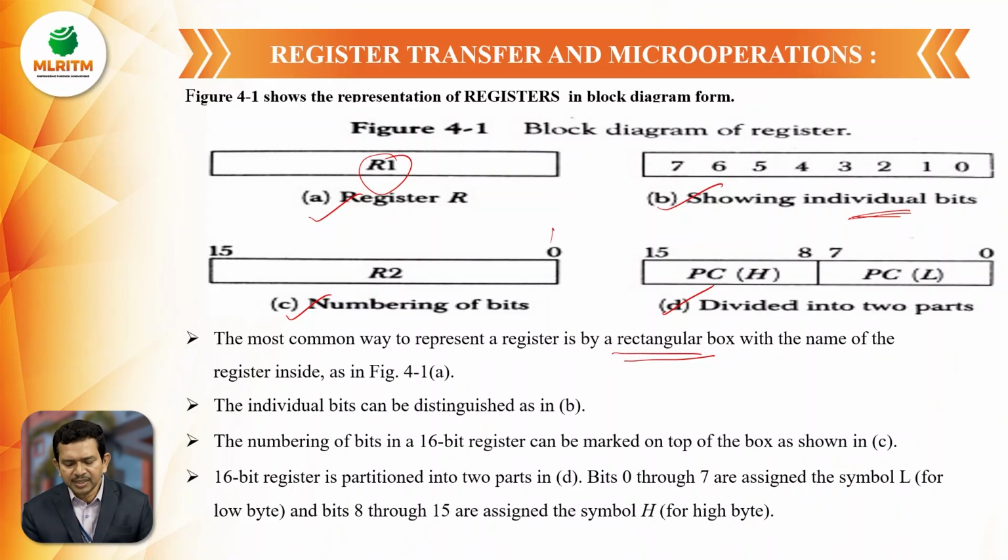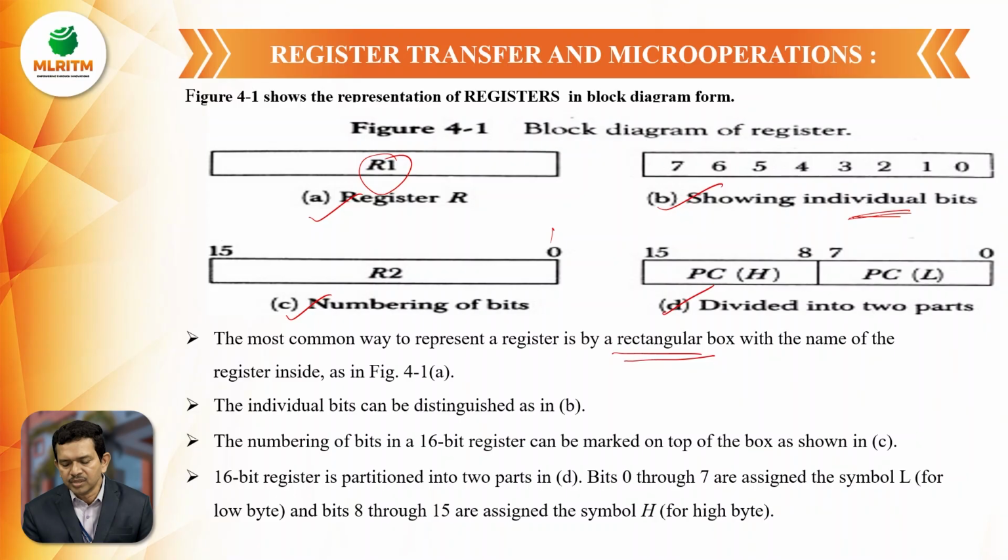Finally, the format of register D has PCH and PCL. That means we are dividing the register into two parts, the left hand side and the right hand side. The left hand side goes from 8 to 15, an 8-bit register.